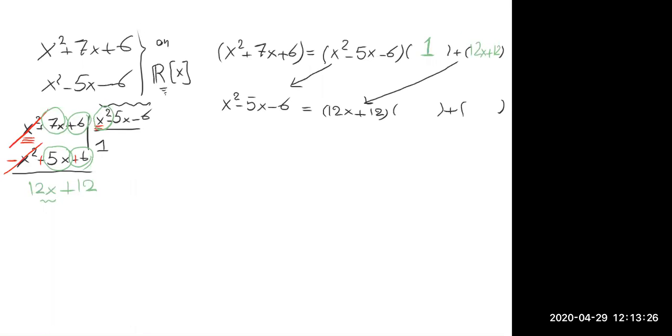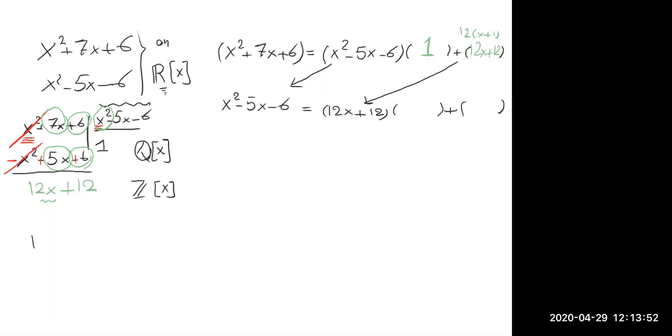So when I'm working with polynomials over R of x, 12 is a number which is invertible, right? So 12x plus 12 is 12 times x plus 1. And 12 is invertible. If I was working over Q of x, 12 is still invertible. But if I was working with polynomials over Z of x, 12 is not invertible anymore.